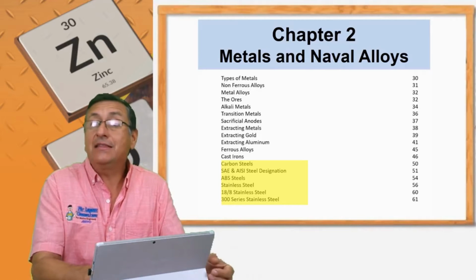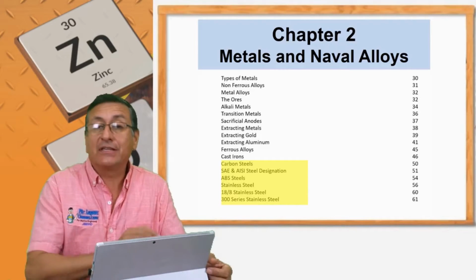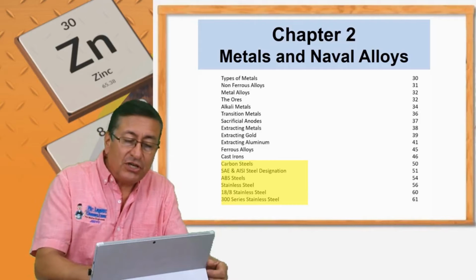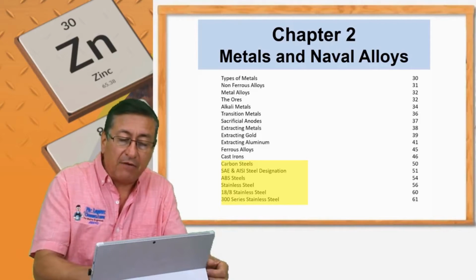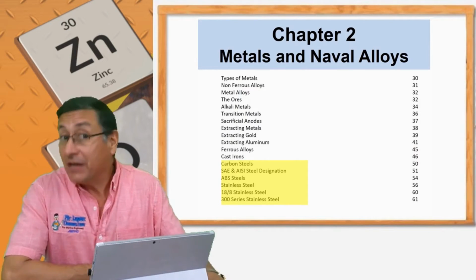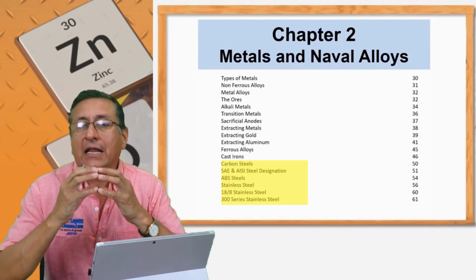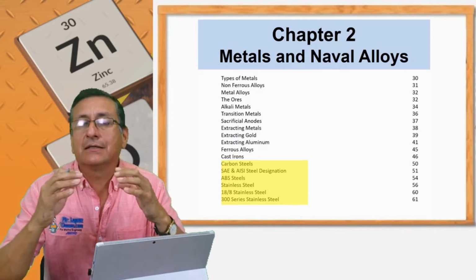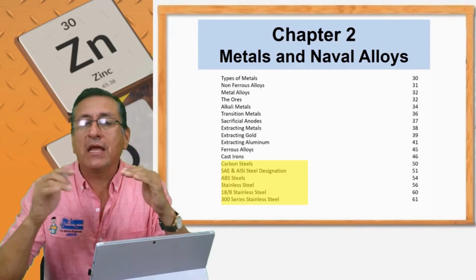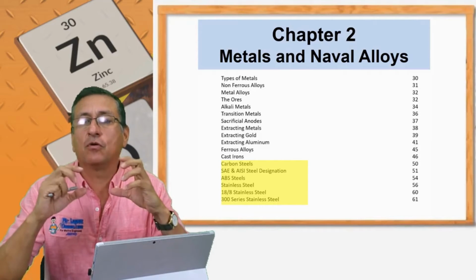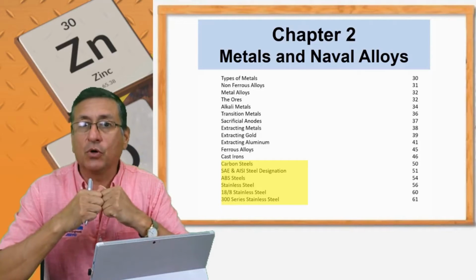The series 18-8 and 18-10 of stainless steel, and the famous series 300 used in marine environments. This is a great episode because we are going to analyze stainless steels applied for marine environments, for fabrication of marine elements in your boat.